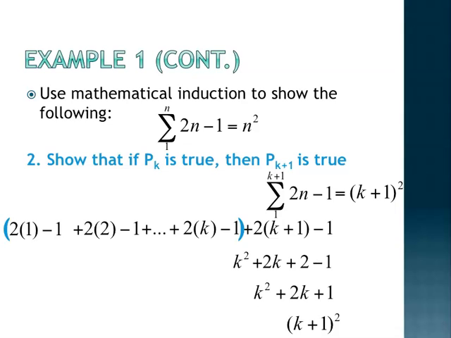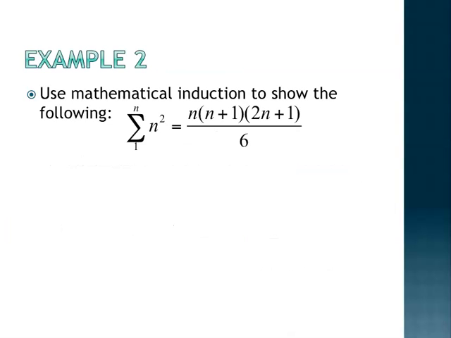All right, we're going to do another example. This one looks a little bit more complicated, but the same steps will apply. Okay, so step 1, show that P sub 1 is true. In other words, we're going to plug in 1 for n and show that the left-hand side gives us the same thing as if we were to plug in 1 for n on the right-hand side.